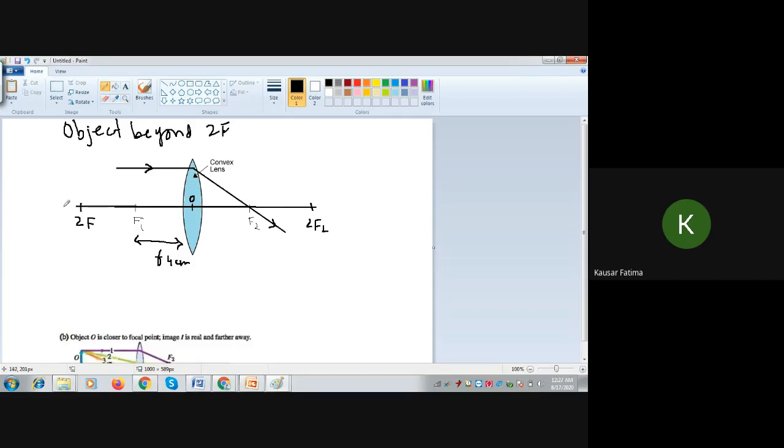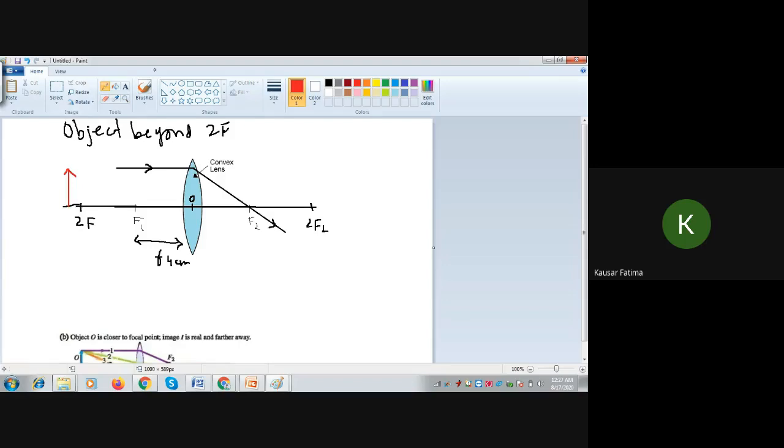So this is your object placed here, and this is the tip, the upper part of the object.